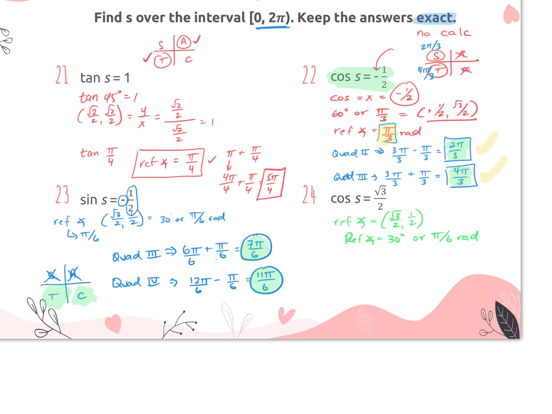So again, I look to see, and I see that it's positive. All students take calculus. My cosine is positive, so I know that the only quadrants where my cosine is positive are quadrants 1 and 4. Those are the two quadrants where my cosine or my x's are positive.